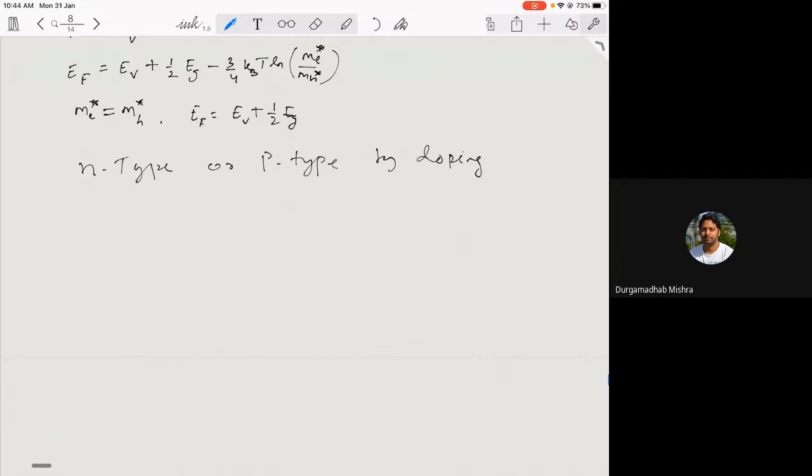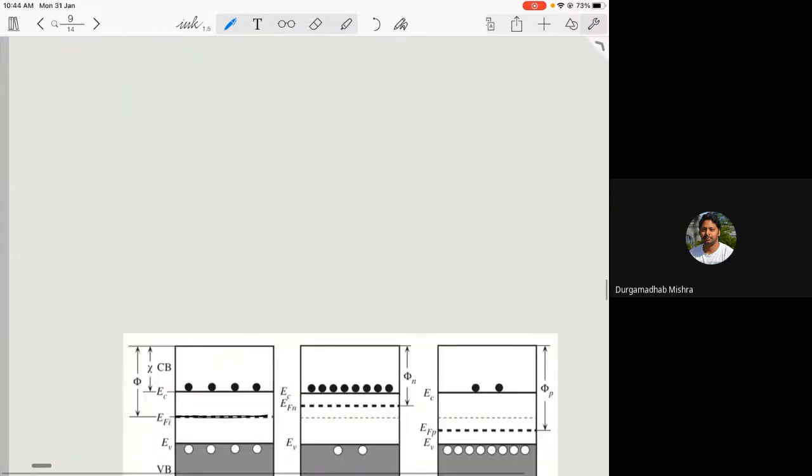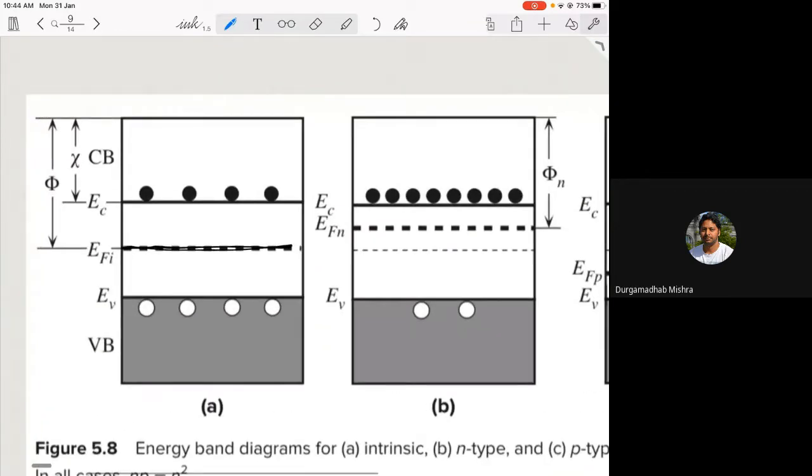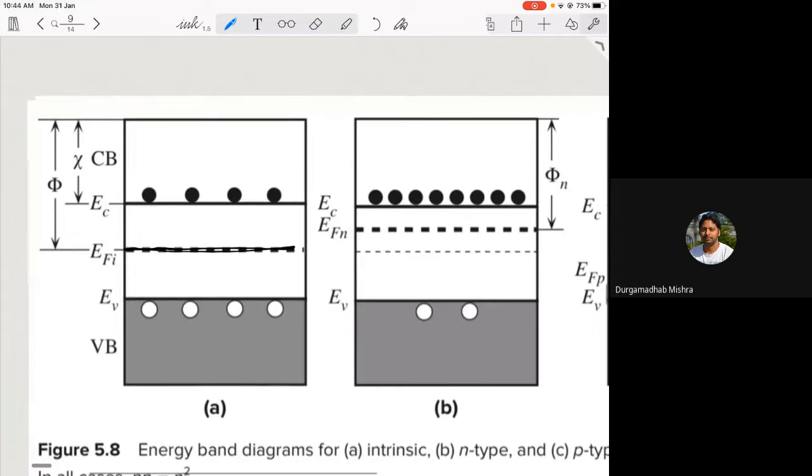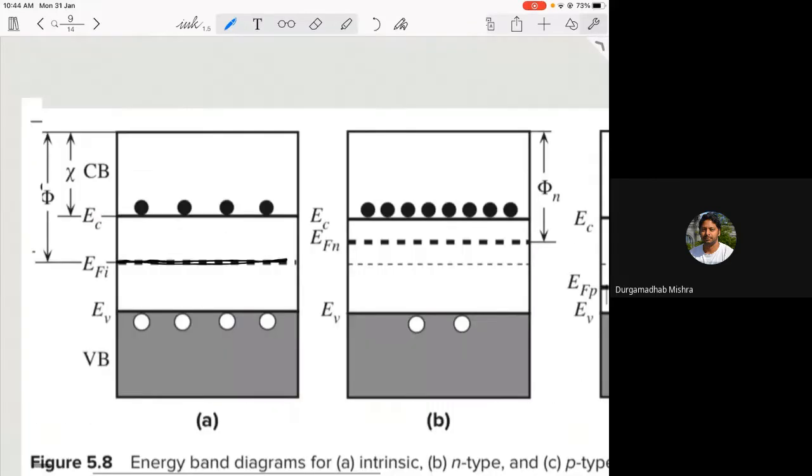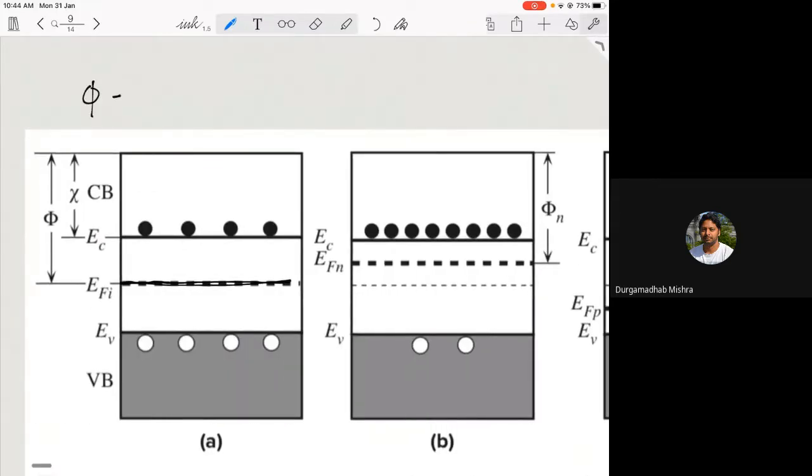Okay. And one thing you remember here, when we say this Fermi level is in the middle, the work function is still defined. The definition has not changed. The work function phi we define as E vacuum minus EF. So that definition has not changed, although the Fermi level doesn't have any electrons.